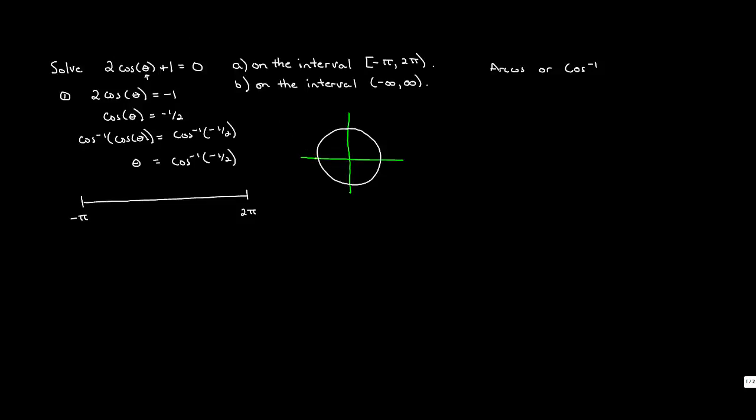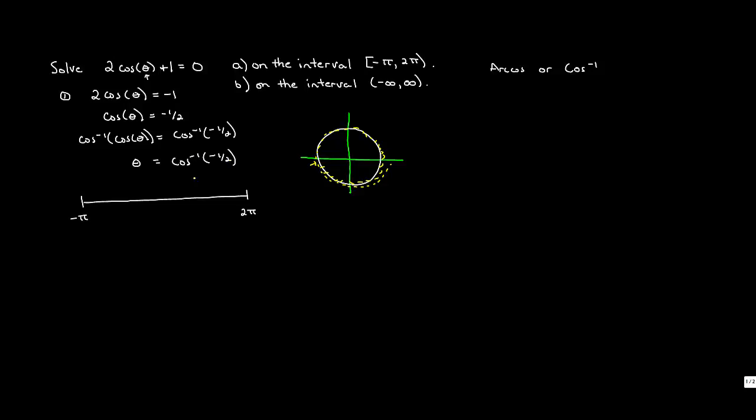Between -pi and 2pi, I'm going to go all the way around, overlapping here until I hit 2pi. Started at -pi, went to 0, went to pi, went to 2pi. Now the question is, what angles on that interval give me a cosine value of -1/2?